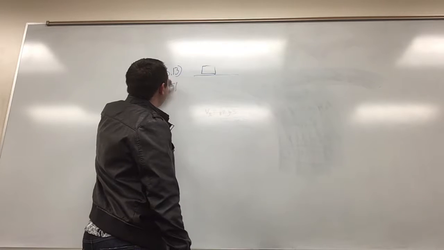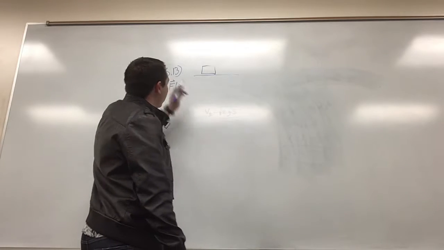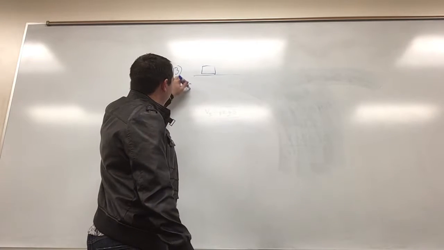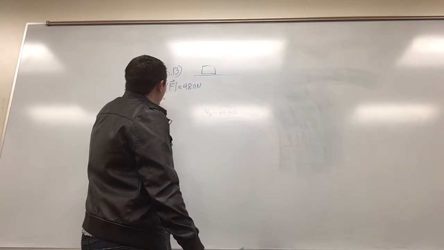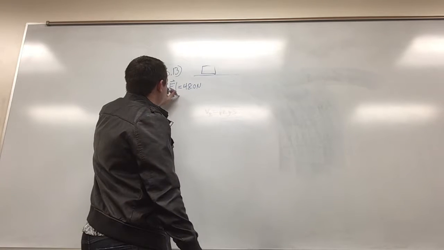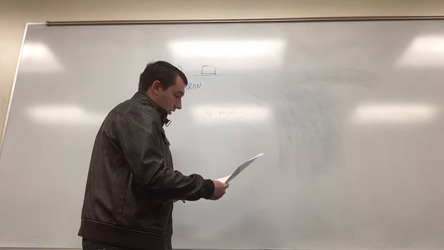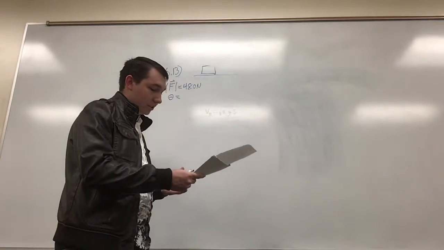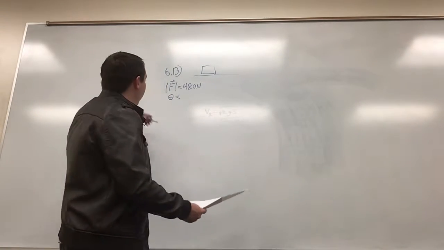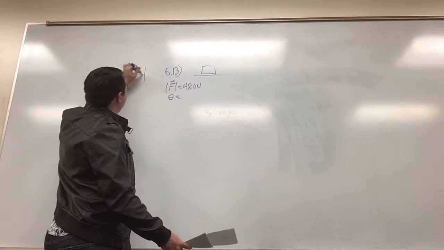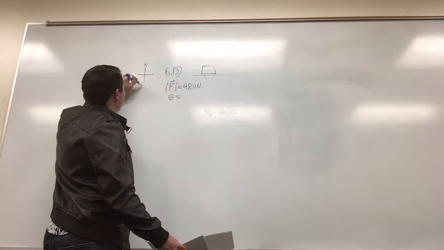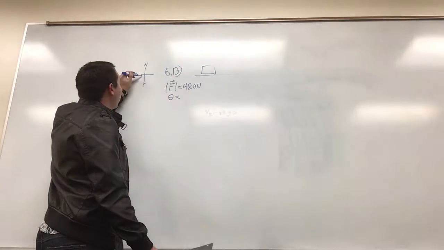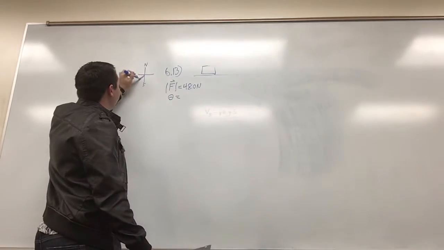We know that the magnitude of the force that Paul exerts on the box is 48 newtons, and that is in a direction that, the problem says, is 61 degrees south of west. So if we have a compass, 61 degrees south of west is going to be down here somewhere.